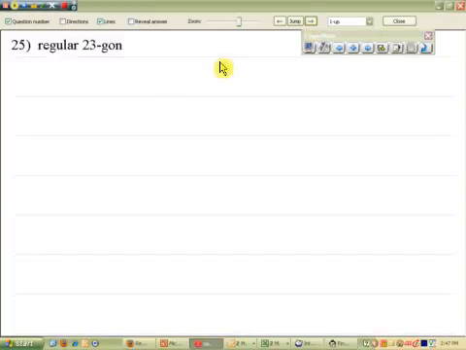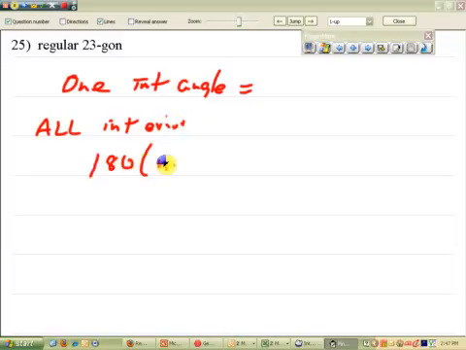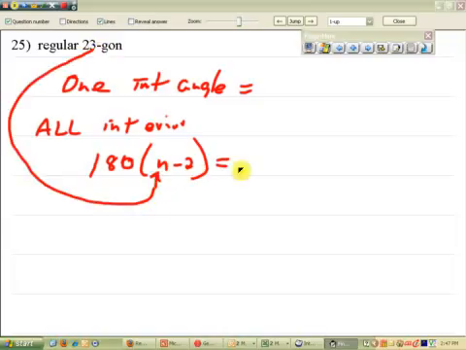Now for the last section, 25, they want to know how much one interior angle equals. Here's how you find it. All interior angles are found by using the formula that we learned today, which is 180 times n minus 2, where n, 23, goes here.